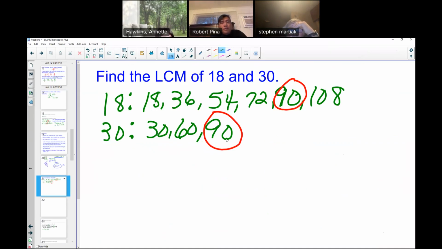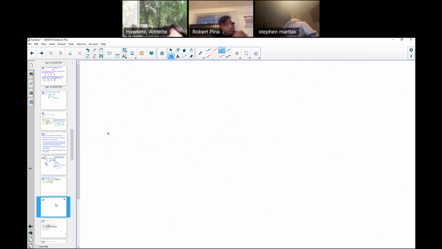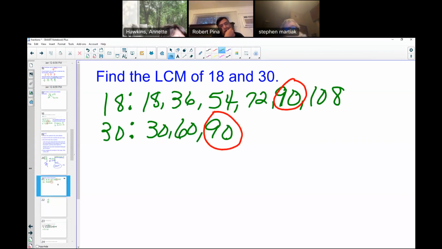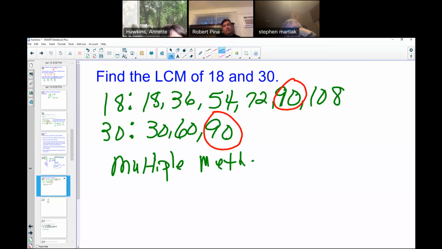Now, if you use the LCD soup, you do have to use prime numbers. And you might feel, well, this is just a little bit too much work. I don't want to do that. And so you use the multiple method. And it works.